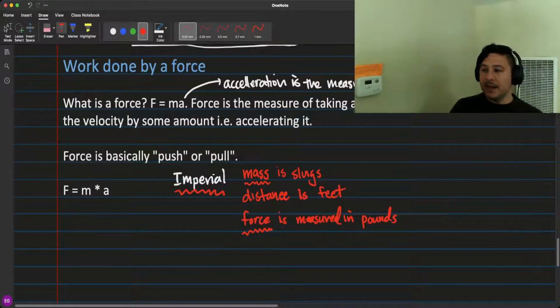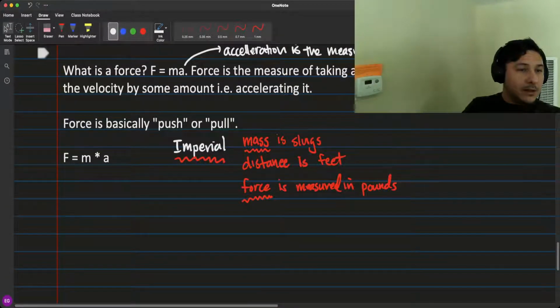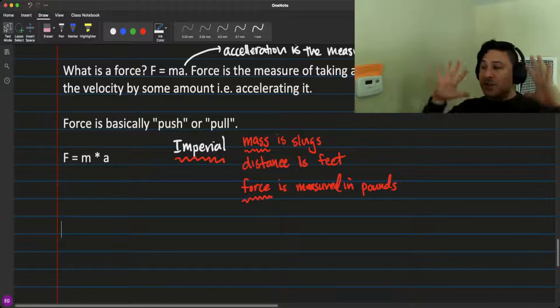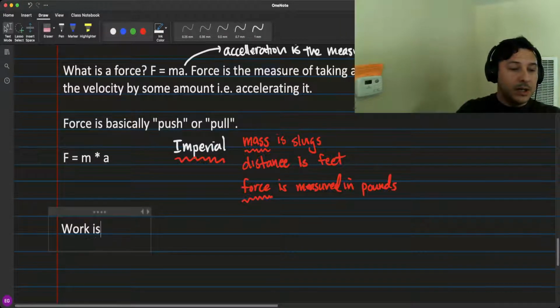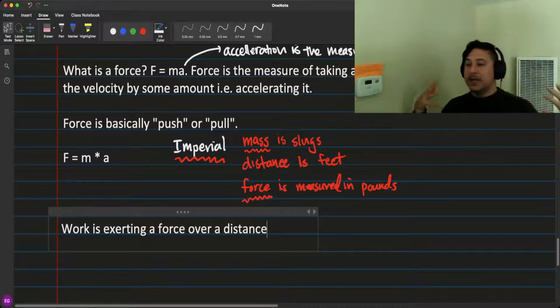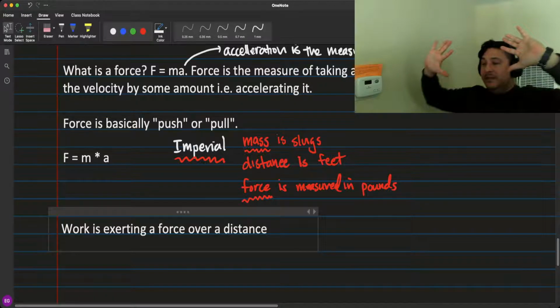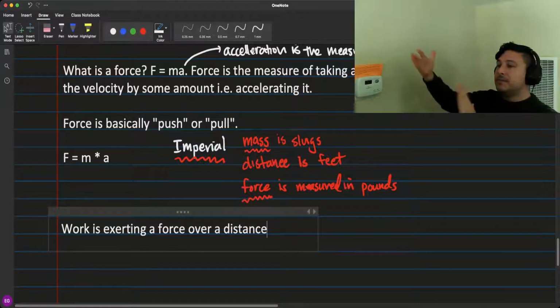Okay, so why am I bringing this up? Because you can exert a force, and usually you exert a force over a period of time. So there's a concept called work. Work is exerting a force over a distance. Does it make sense? Because a force is a push or a pull. If there's some object and you're pushing it, you'll push the object like 10 feet. You will exert a force over some distance.